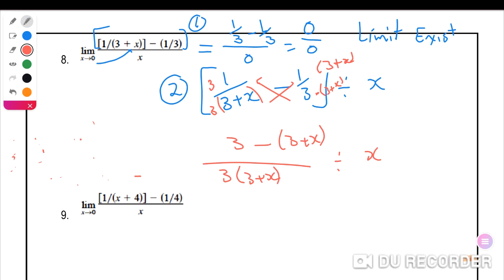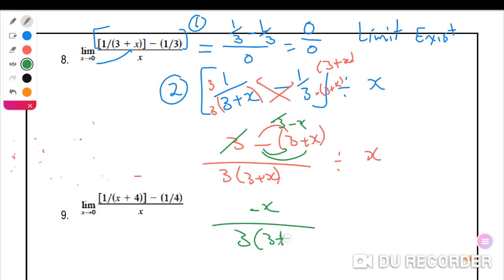Here, how to simplify? It will be minus, it will be what? Minus 3 minus x. If we distribute this minus, negative 3 cancels with 3, so it will be negative x over 3 multiplied by 3 plus x. Then I have to remember, I change the division into multiplication by the reciprocal, which is 1 over x.